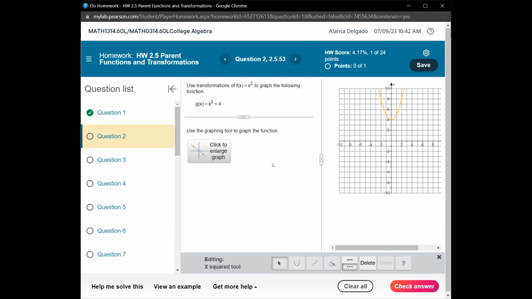I'll put it this way. Right now, that parabola is smiling at you because it's happy and it's positive. But if it's frowning at you, it's sad because it's negative.